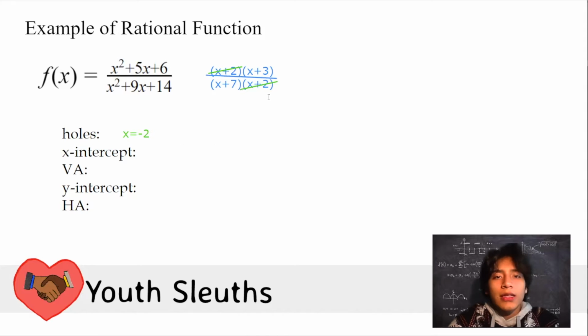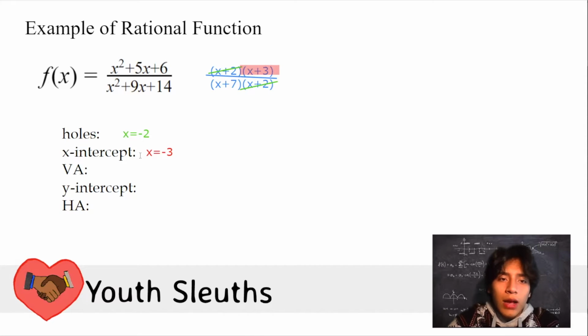Next, for our x-intercepts, our x-intercepts are the factors that are left in the numerator. So we have x plus 3. And so our x-intercept is x equals -3.